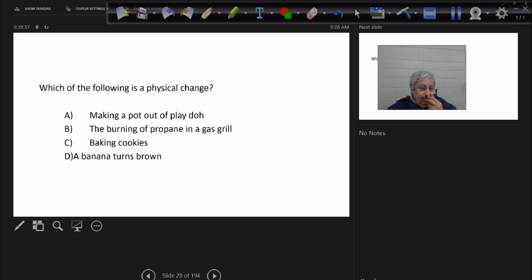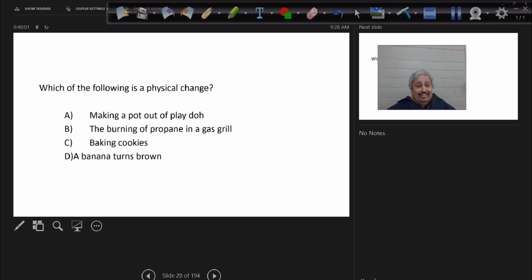Which of the following is a physical change? Making a pot out of a plate dough, the burning of propane gas grill, baking cookies, a banana turns brown. Now, first look, they said physical. Physical means you can recover the stuff.